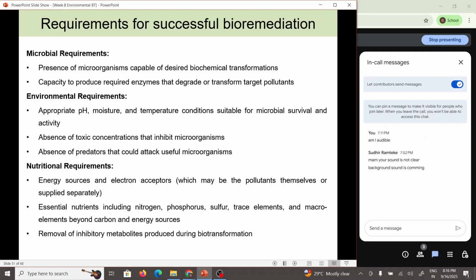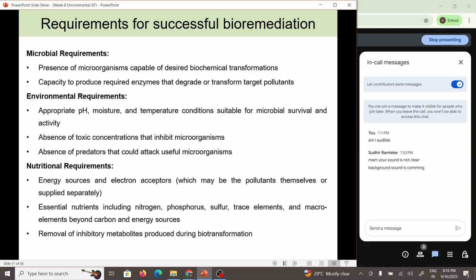We need microorganisms that are capable of metabolizing the contaminants or pollutants we have. Like I told, if organic matter is present, the microorganism should be able to consume the organic matter. If some metals are present, the organism should be able to transform the metal.